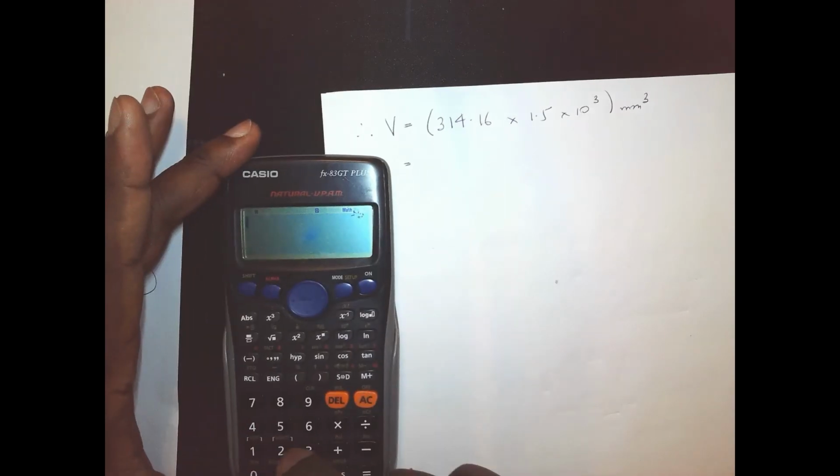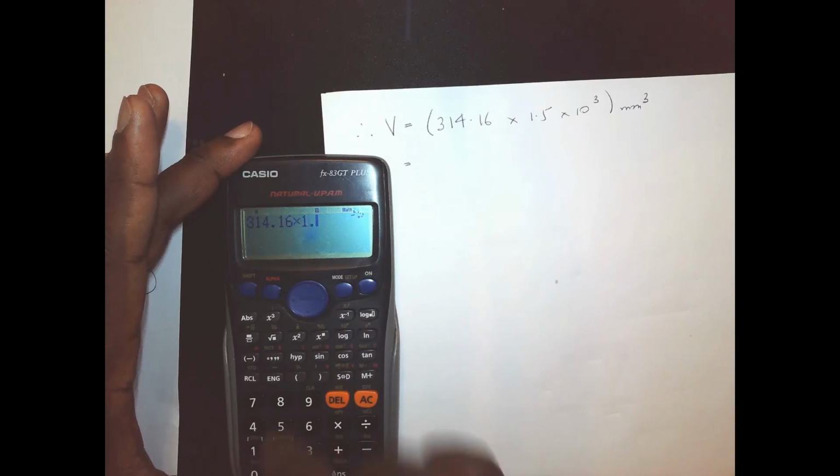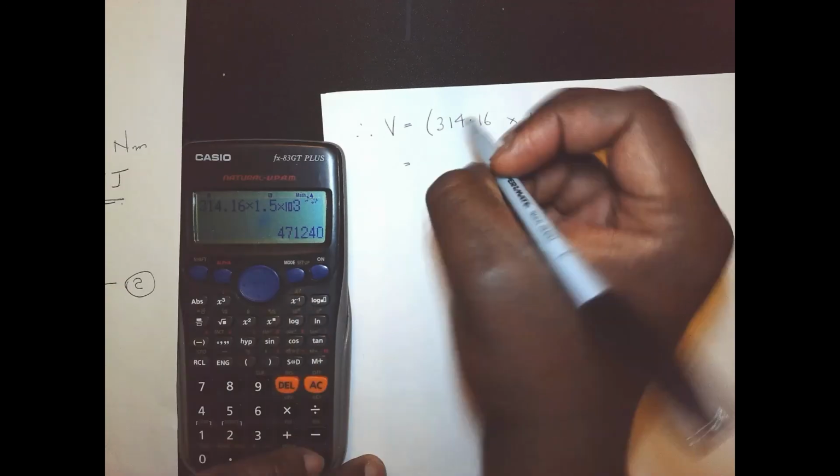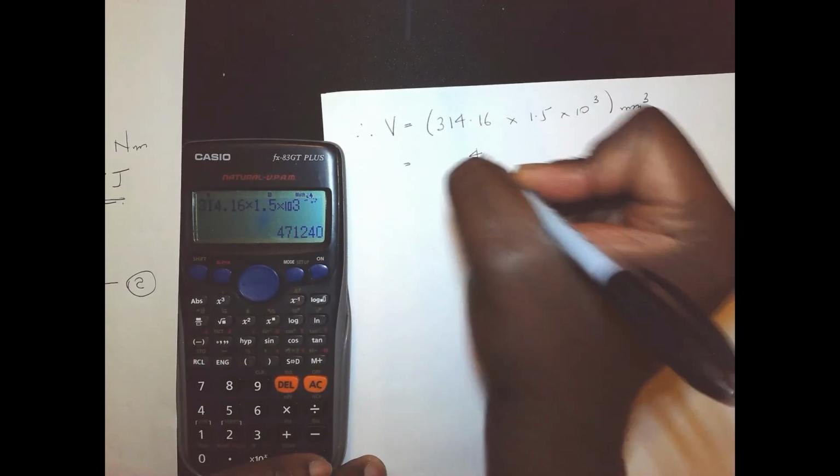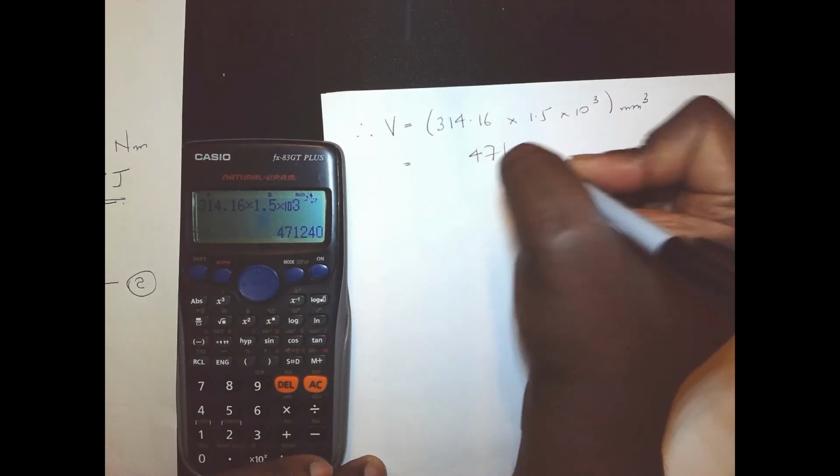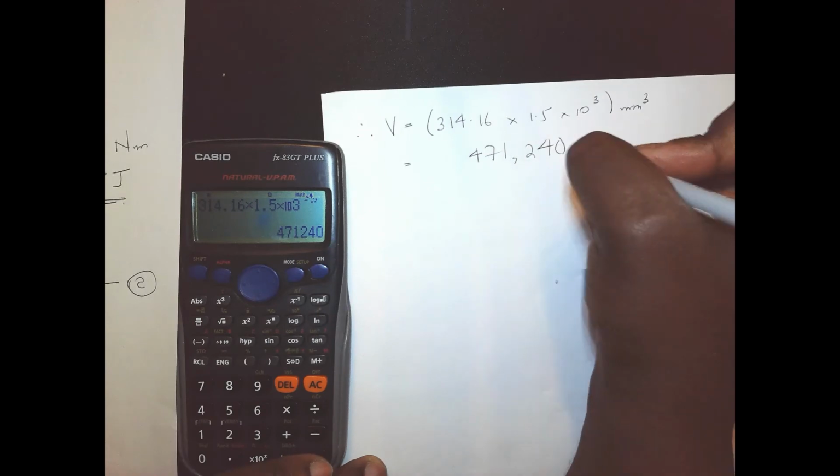So let's get our calculator and box in the numbers: 314.16 times 1.5 times 10 to the power of 3. And that gives us 471,240 millimeters cubed.